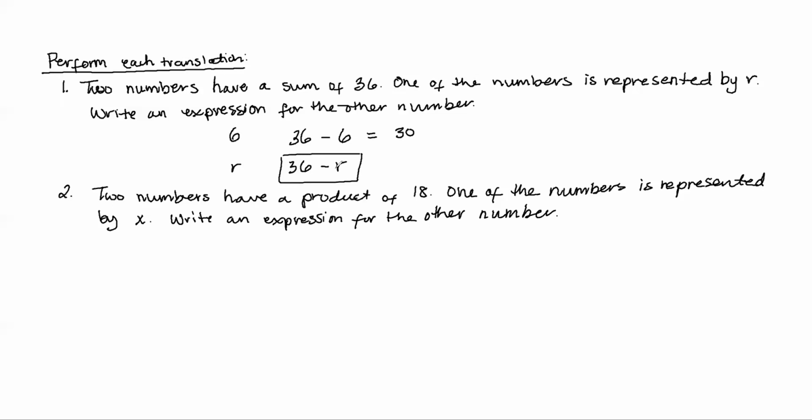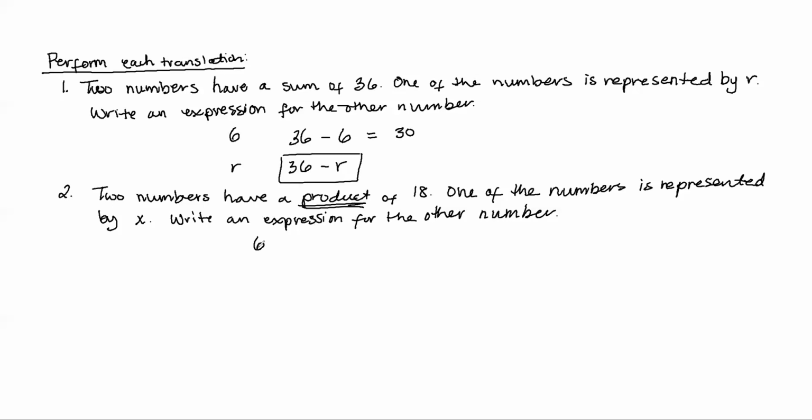All right, so take a look at this one, see if you can figure out doing kind of what we did up here, and I'll go ahead and get you started. We know two numbers have a product of 18. That means multiplication. So if I said that one of the numbers was 6, and we know that it has to multiply to 18, how could I figure out what the other number is?